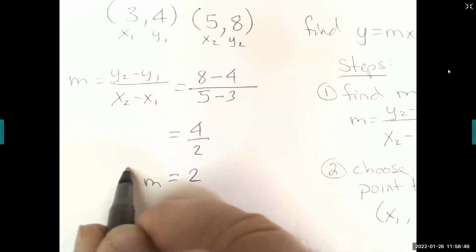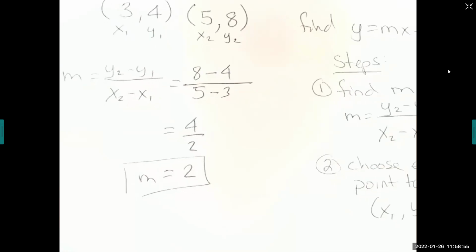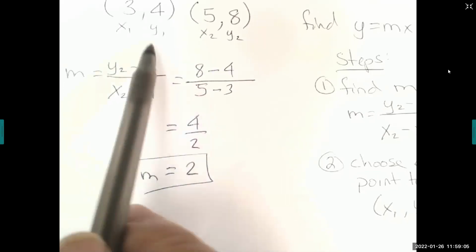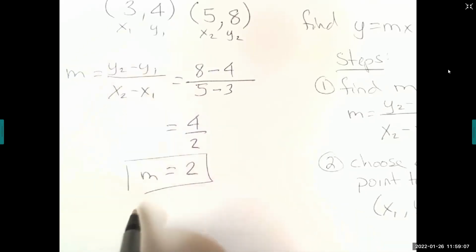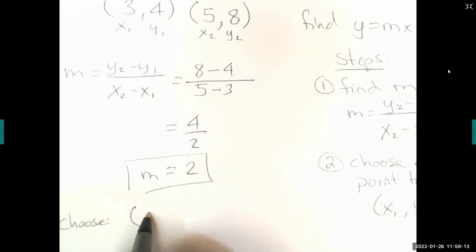So my slope is 2. Since 3 and 4 are already labeled as x1, y1, I choose 3, 4 to be my point.